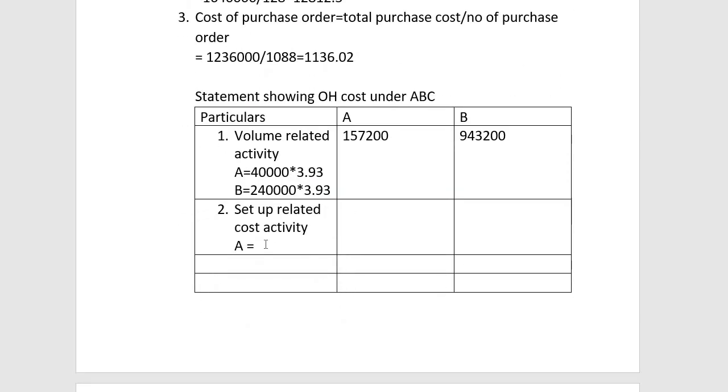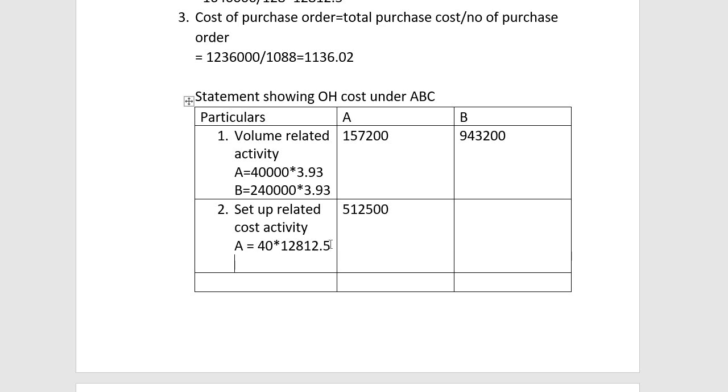For A, the number of setups is 40, multiplied by 12,812.5, which comes to 5,12,500.